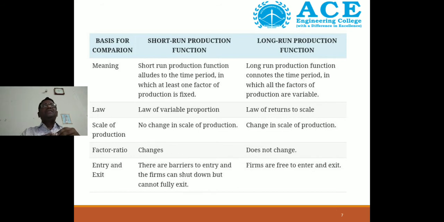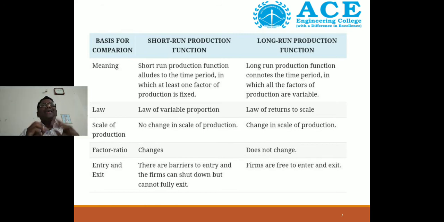The factor ratio changes. Whereas in the long run production function, it does not change. It is fixed. In the long run production, the factor ratio is fixed, whereas in the short run production function, the factor ratio changes.